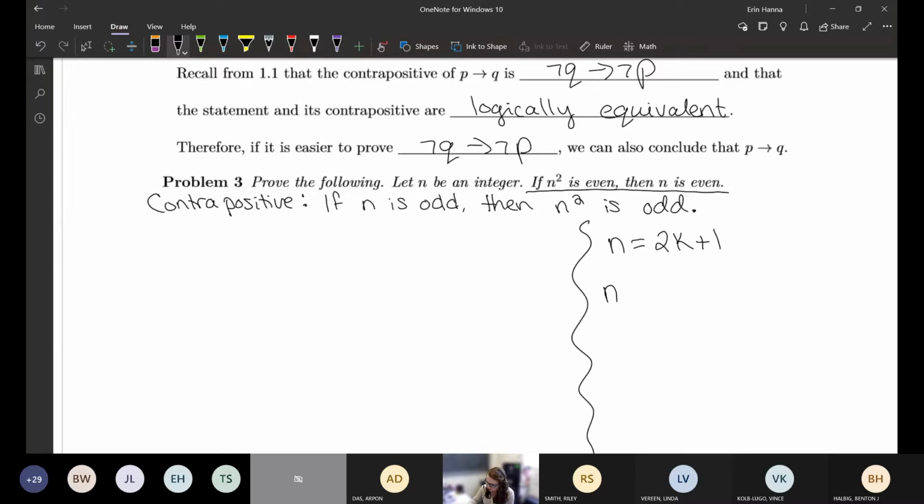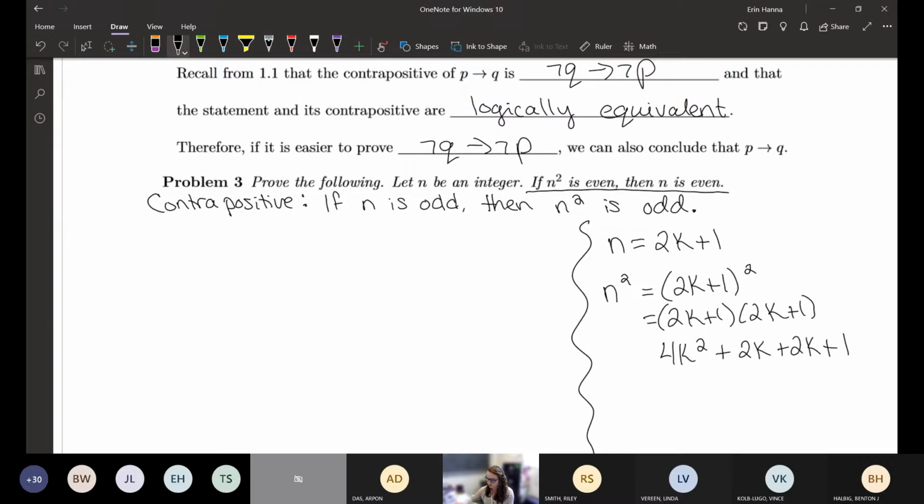Then I want to consider what happens with n squared. That would be 2k plus 1 all squared, which is 2k plus 1 times 2k plus 1. Last week we had a little FOIL review, so if we FOIL that out, 2k times 2k gives us 4k squared, 2k times 1 gives us 2k, 1 times 2k gives us 2k, and 1 times 1 is 1.